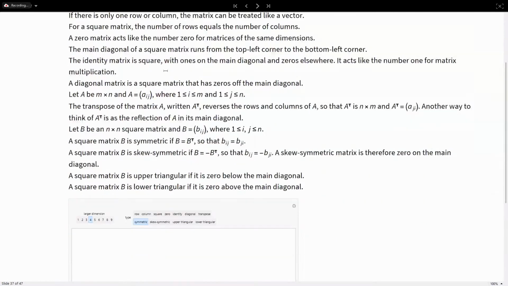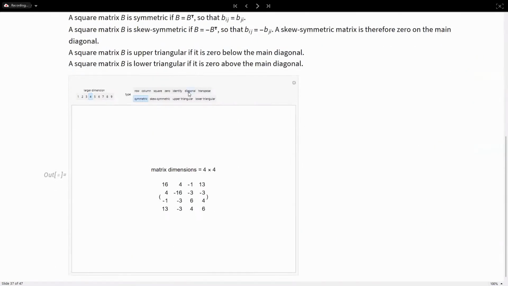Let's see. We can talk about special types of matrices. A symmetric matrix is symmetric along the main diagonal. Skew symmetric is the same, but it has opposite signs. An upper triangular has values on the upper section, but zeros elsewhere, and lower triangular is the opposite.